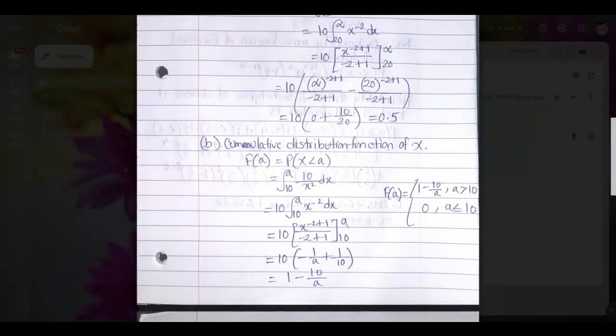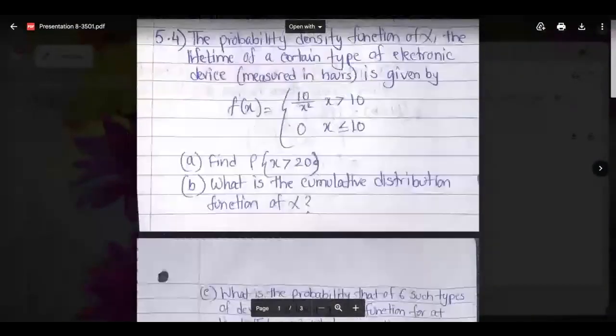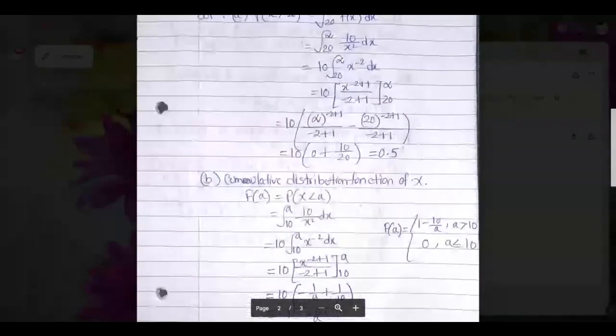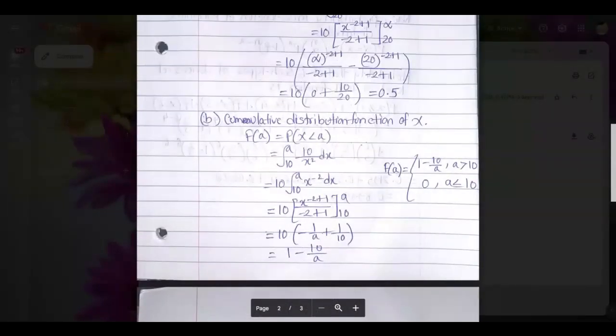It's a case function, so we have two cases where a is either greater than 10 or less than or equal to 10. Okay, that's fine. For the cumulative, you get the probability that x is less than a for some a, so a can be in two cases: either greater than 10 or less than or equal to 10. Oh, I see. Because we don't really know a. All right, that makes sense.